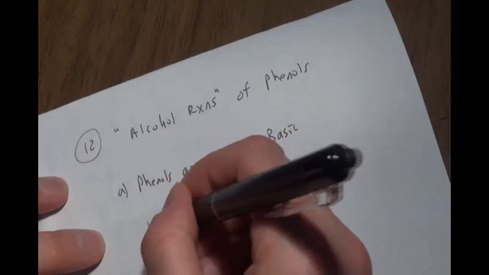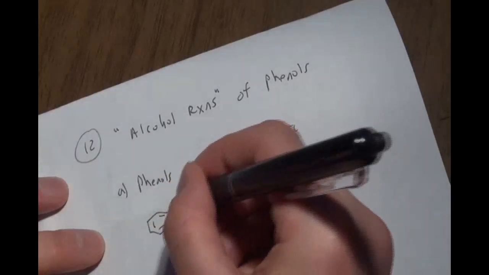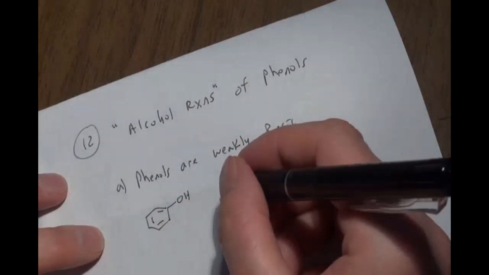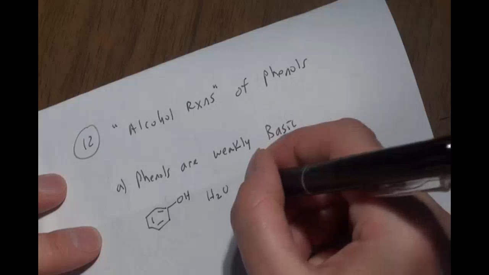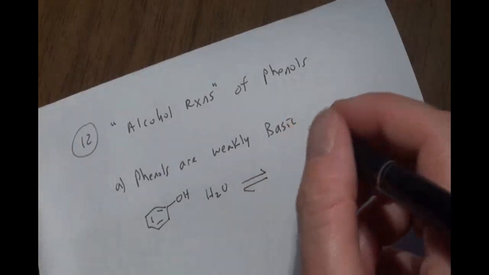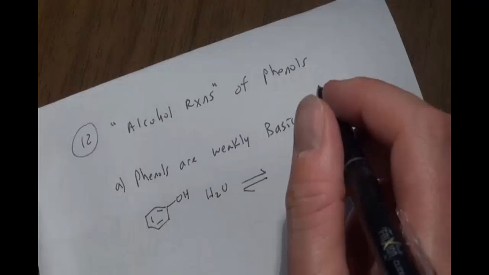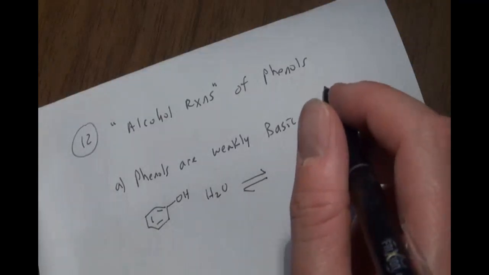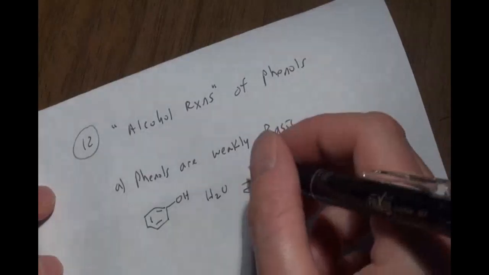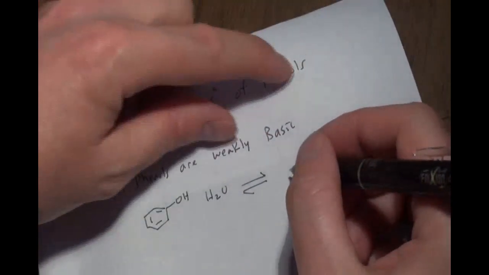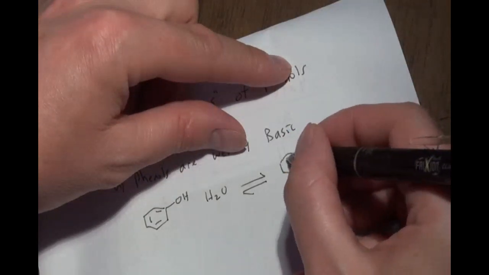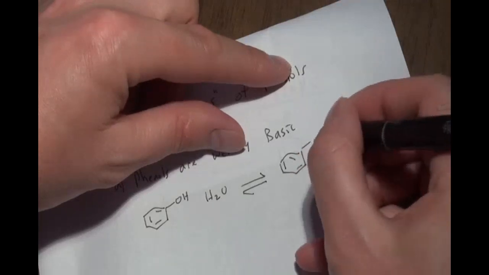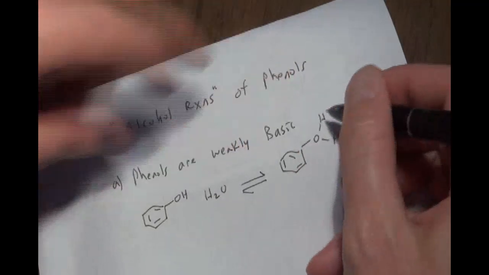So, let's see. There's the phenol, and if you do an acid-base type reaction, and we'll assume water's a proton donor, you make this kind of derivative, and OH minus.